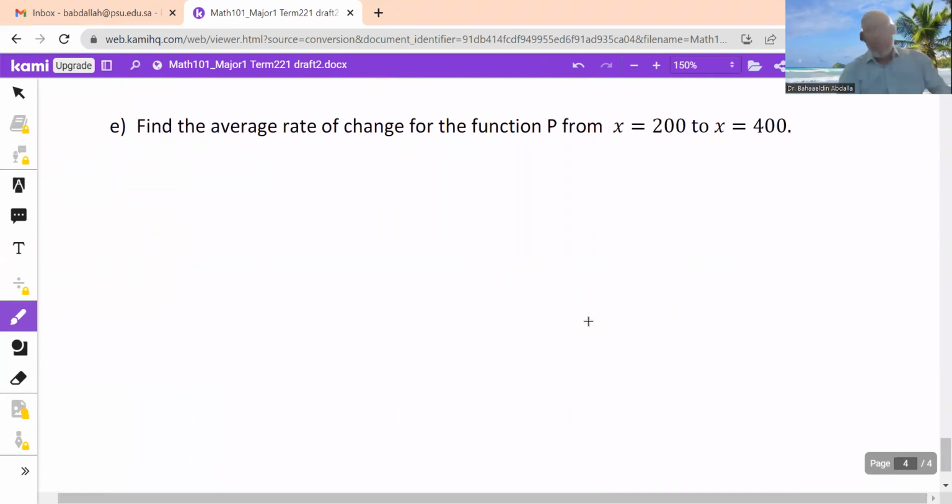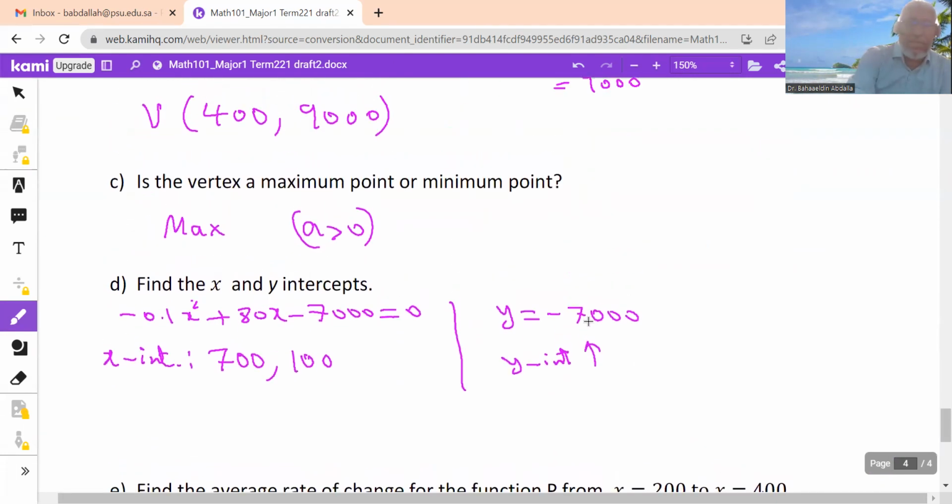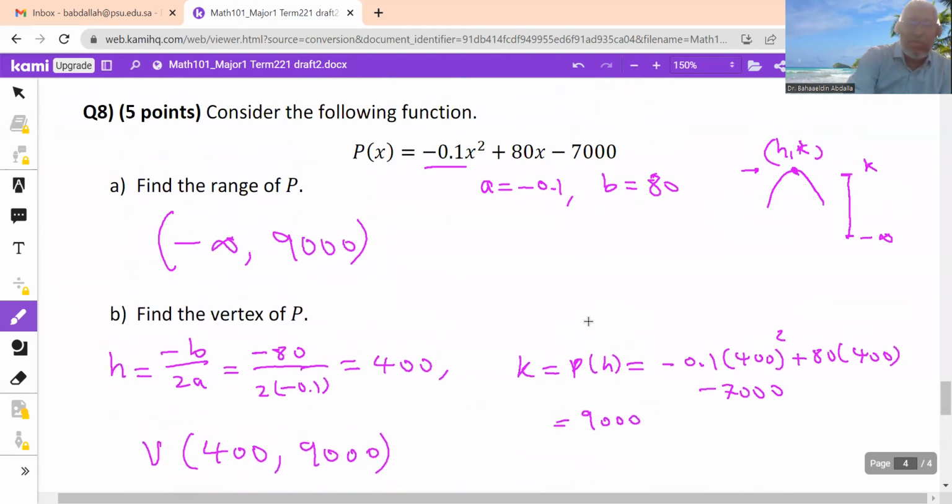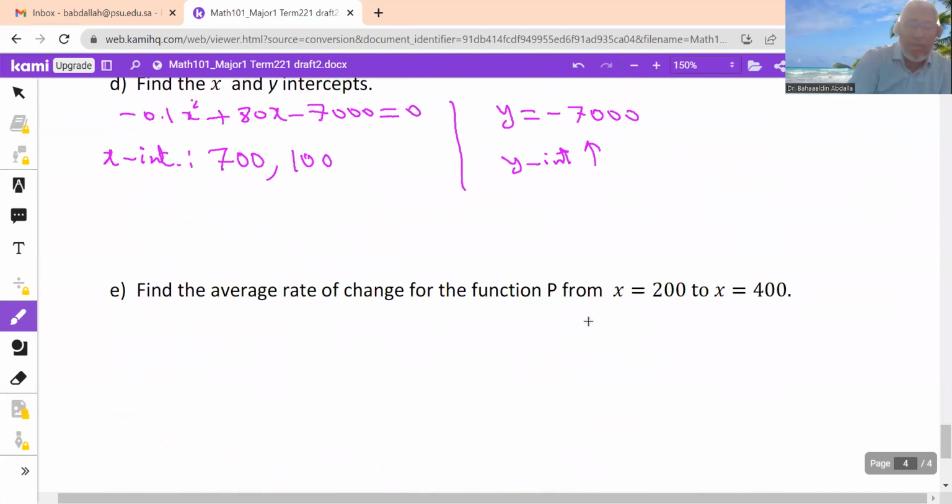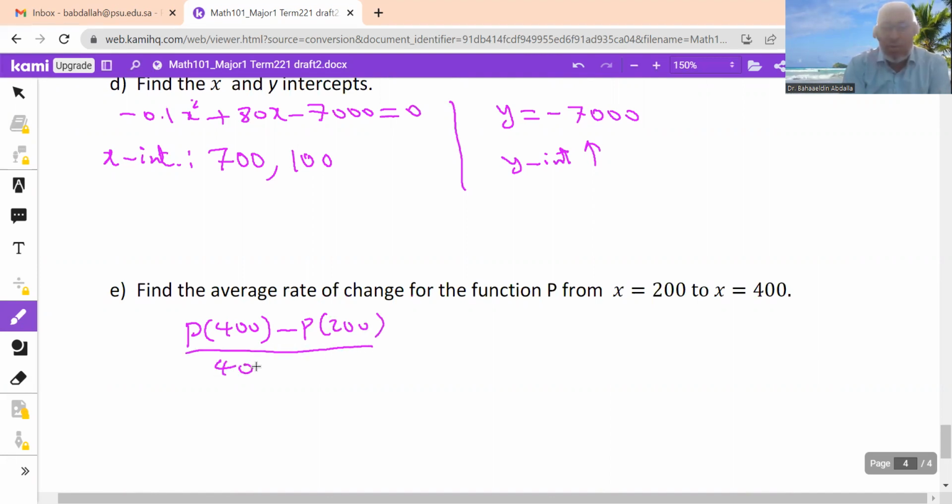Find the average rate of change for the function p from 200 to 400. P is the same function, so he is just talking again about the same function. So the average rate of change is the slope, and it is y2, which is p(400), minus y1, which is p(200), over x2 minus x1.